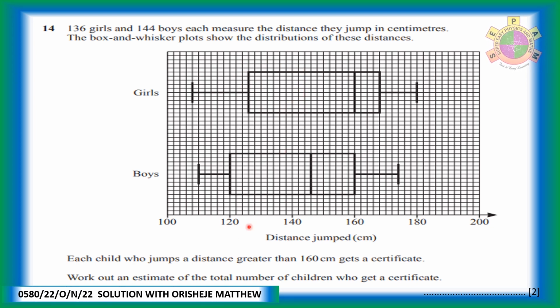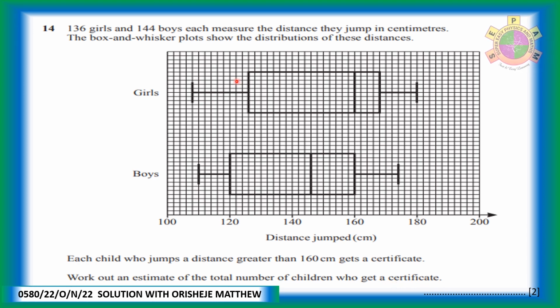Now there is something we need to remember quickly. Every jumper that jumps a distance greater than 160 cm gets a certificate. Work out the total number of jumpers that get a certificate.